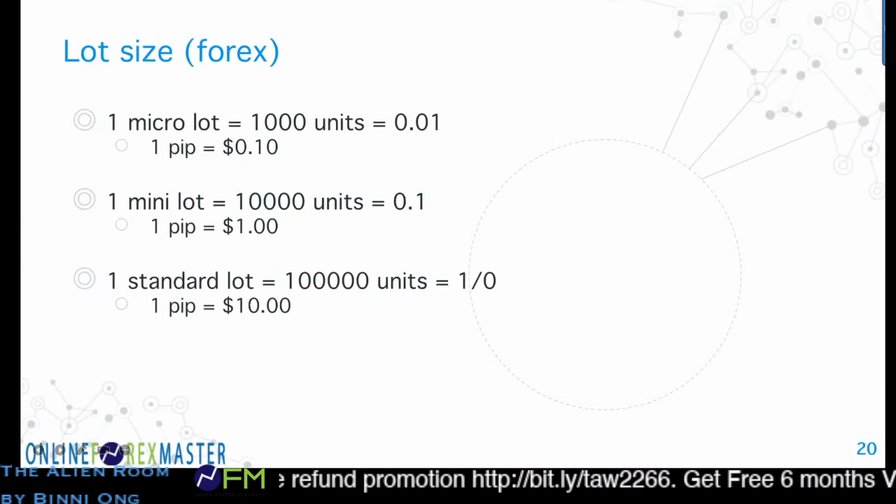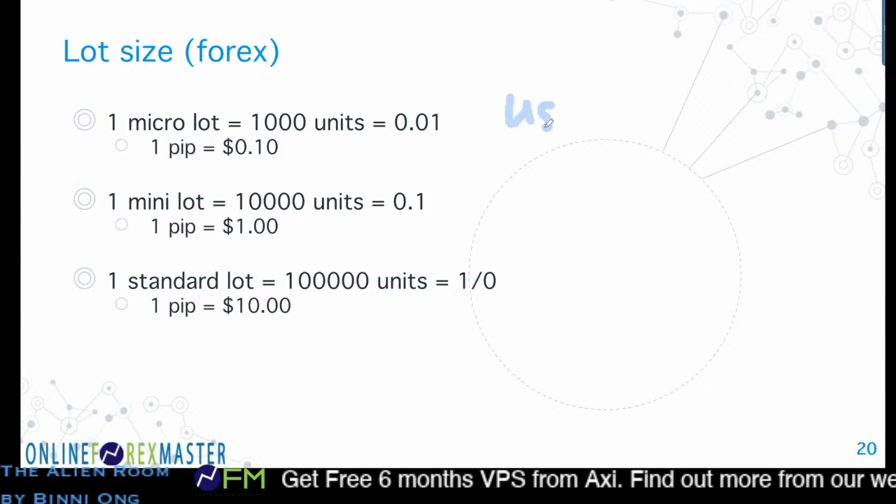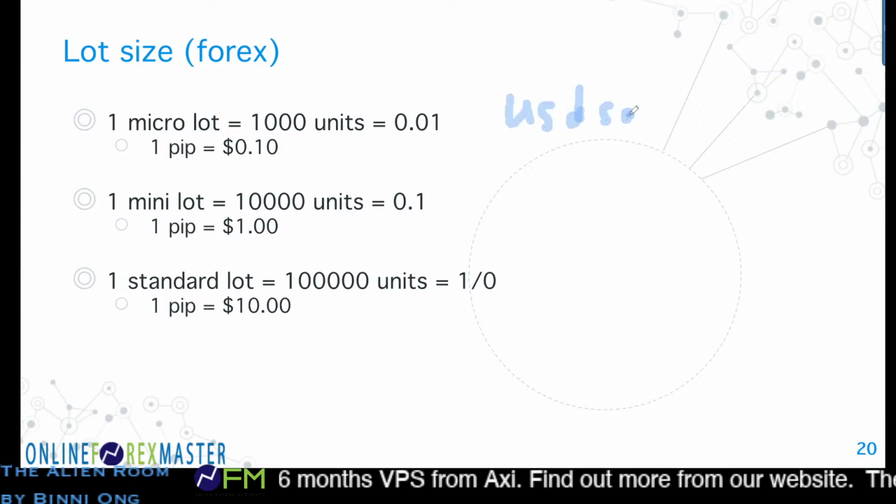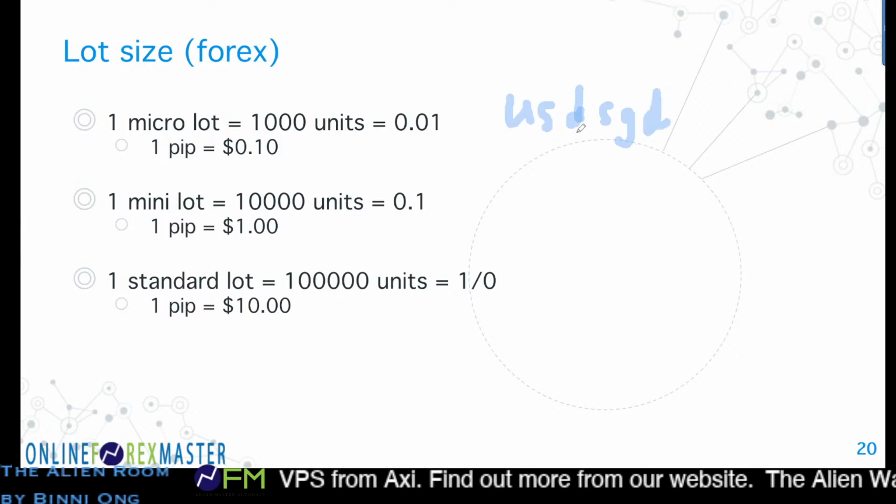If you want to trade USD versus SGD, 1,000 units means one micro lot of USD versus SGD.